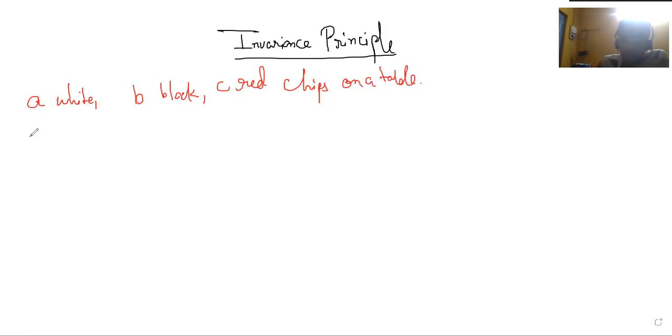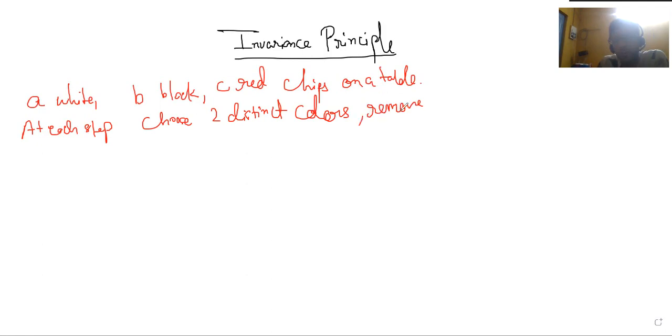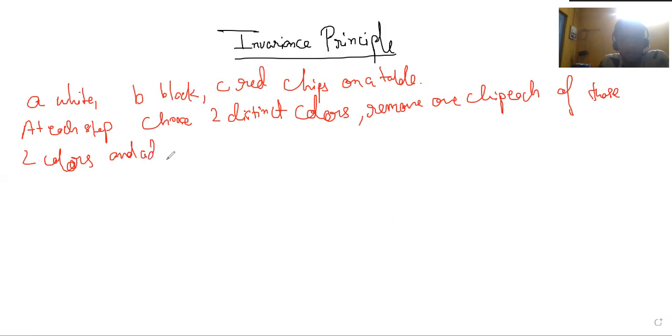And so this is not a game, it's an invariance problem. At each step, choose two distinct colors. Remove one chip each of those two colors. Oh no, let me just do this one first. Remove one chip each of those two colors, and let me do a simpler version.